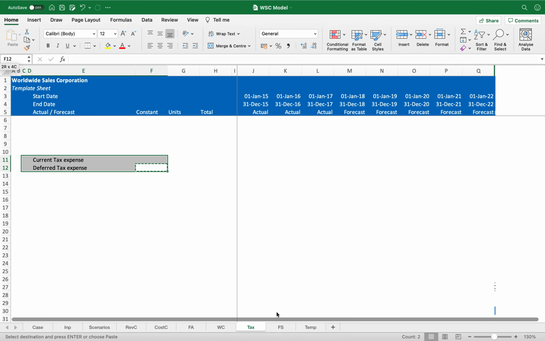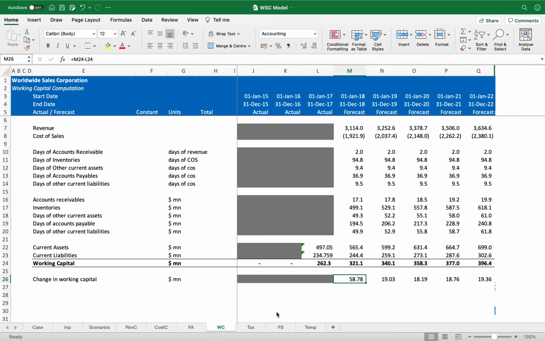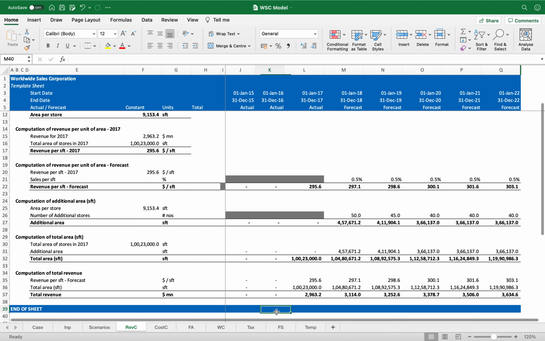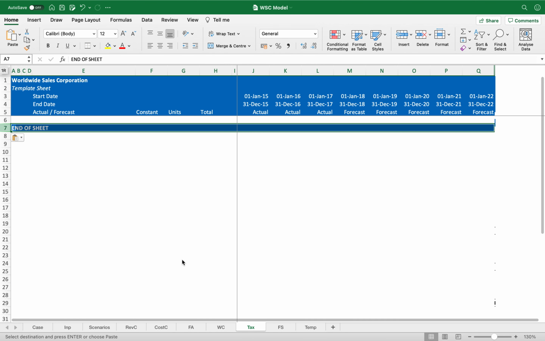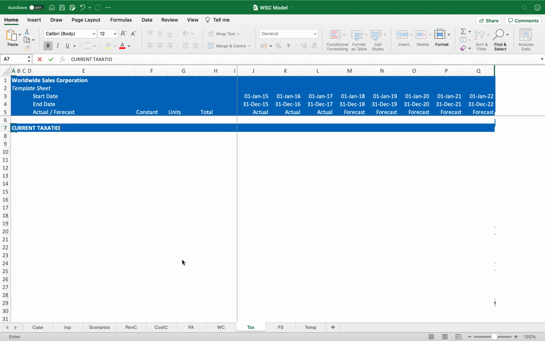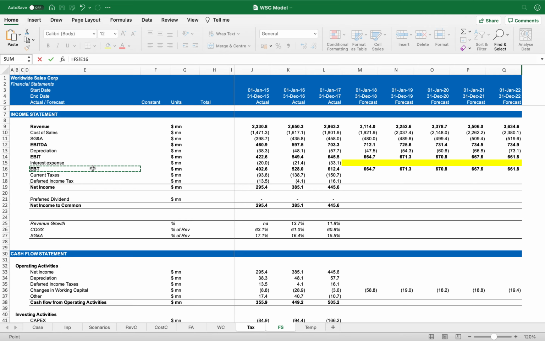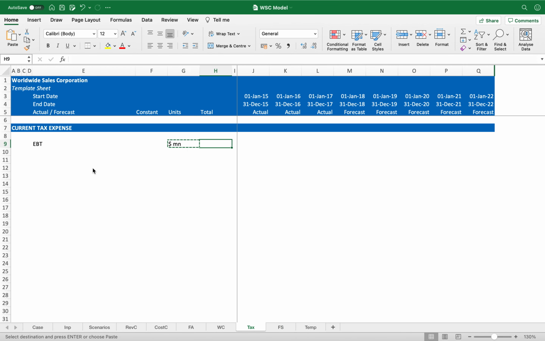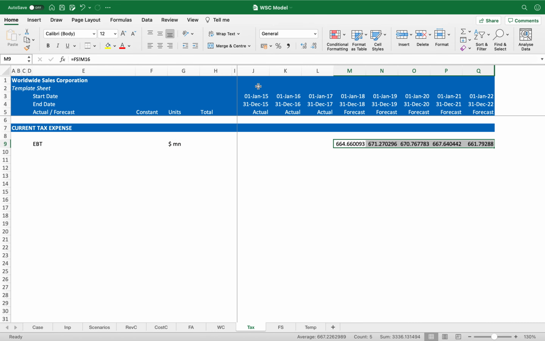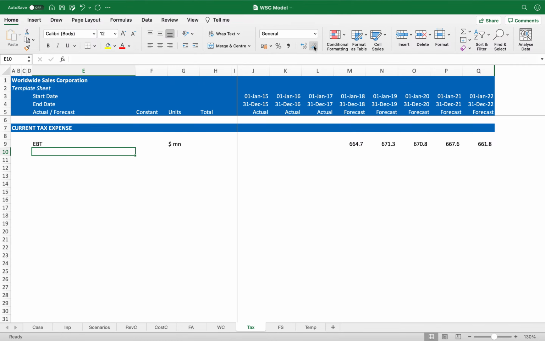Okay, so let's see. Let's compute current tax expense first. Now let's bring in from the financial statements your EBT, earnings before tax. And we know that for taxation purposes I have a $40 million difference, right?